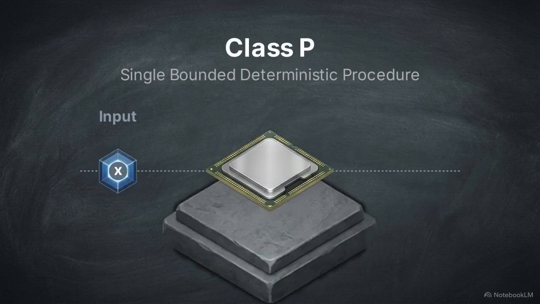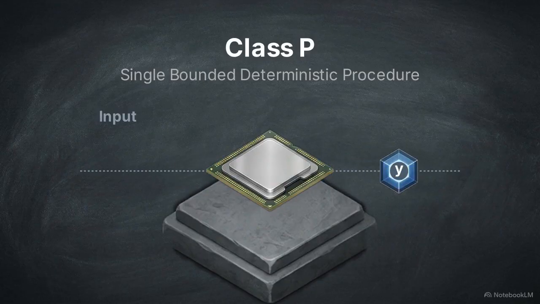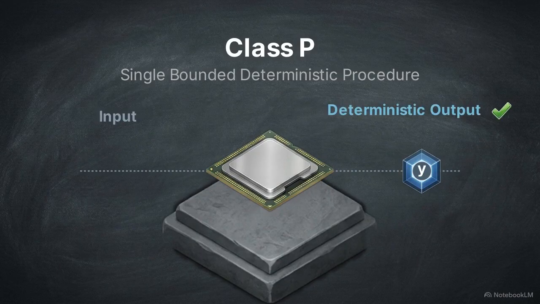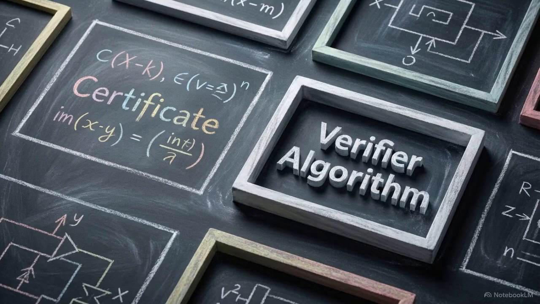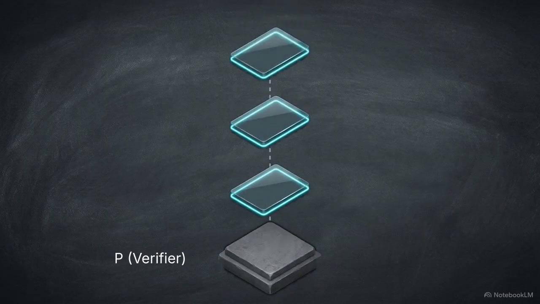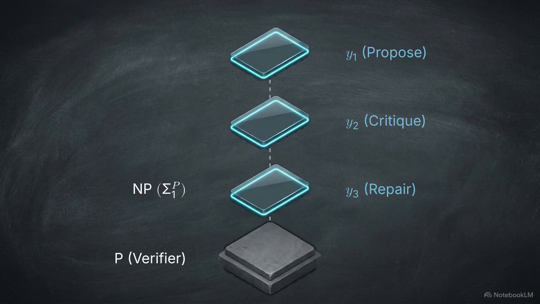In the baseline regime of Class P, a single bounded deterministic procedure returns an answer without the need for auxiliary witnesses or external subroutines. Class NP widens this access by allowing for efficient verification. A yes instance may lack a direct polynomial time construction, yet a bounded witness can certify success in polynomial time. The polynomial hierarchy extends this logic by adding layers of proposal, challenge, and repair.